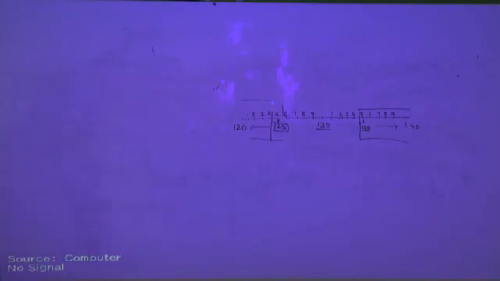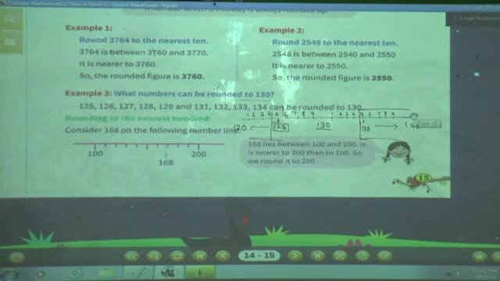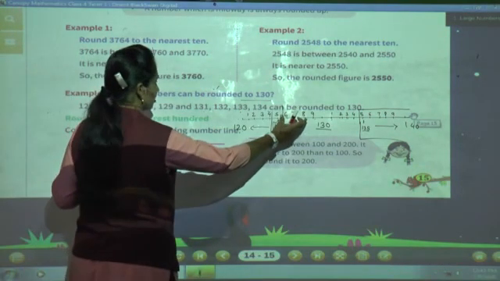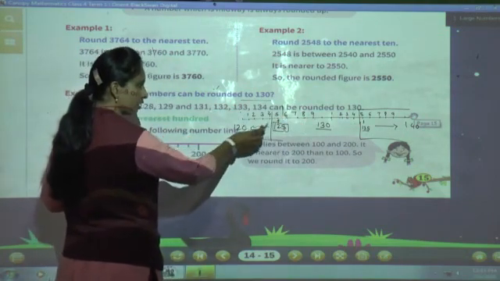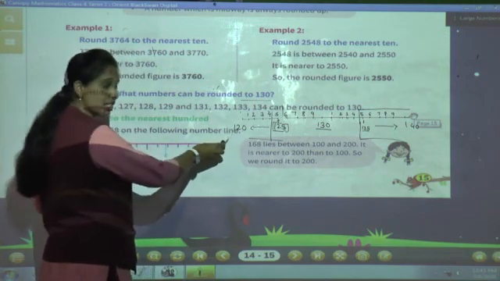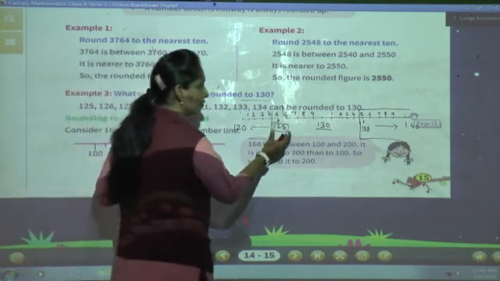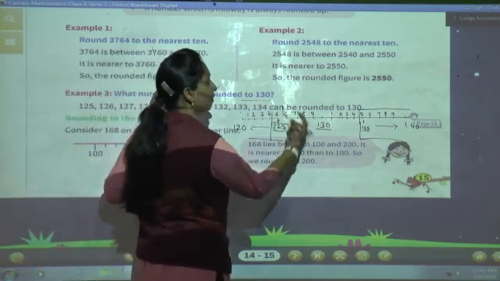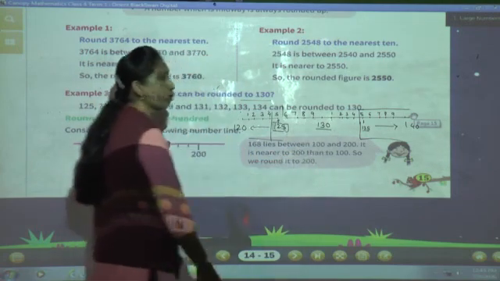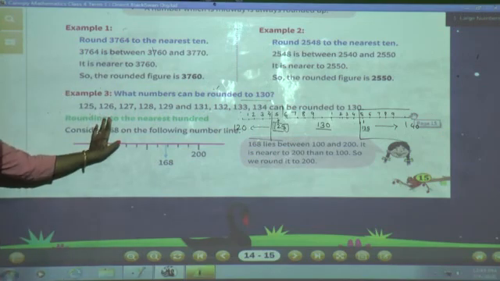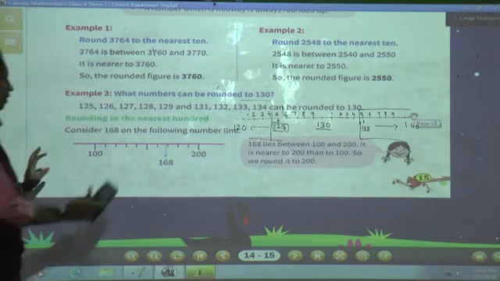Okay? And here, why have we taken these numbers? Because numbers before 125 are nearest to 120, and 125 itself and the numbers after it are nearest to 130. Understood? Yes? Yes, very easy.